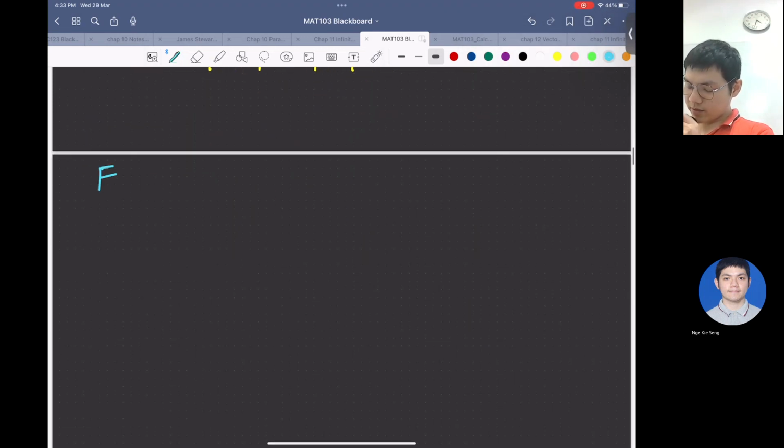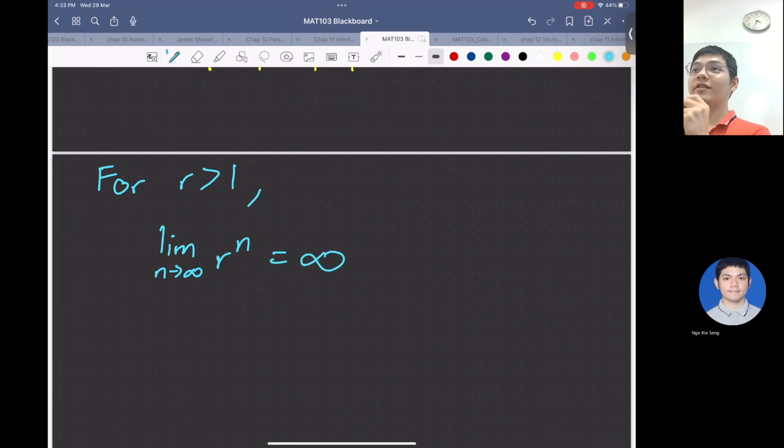For R greater than 1, the limit as n goes to infinity of R^n is clearly infinity. Is it clear? Everyone agrees with this? Okay, so we can skip this.